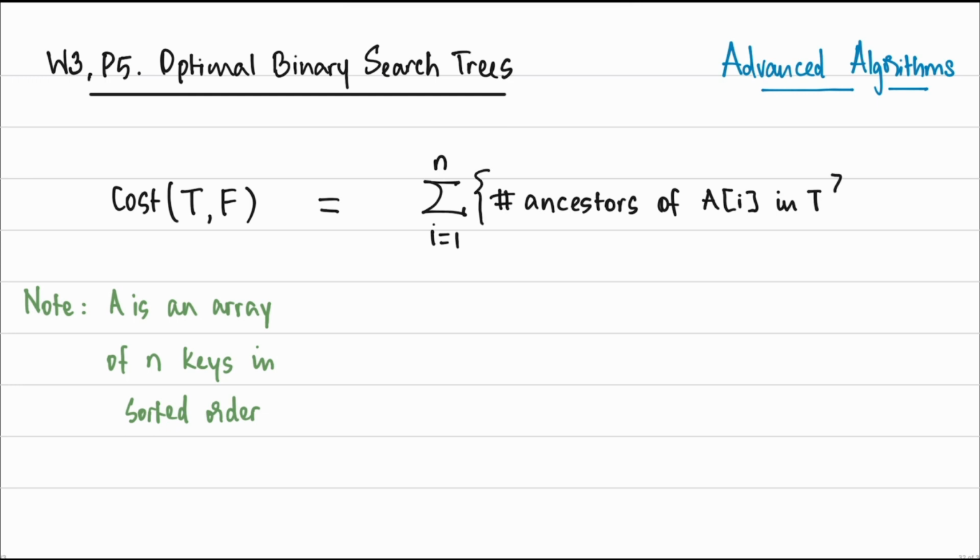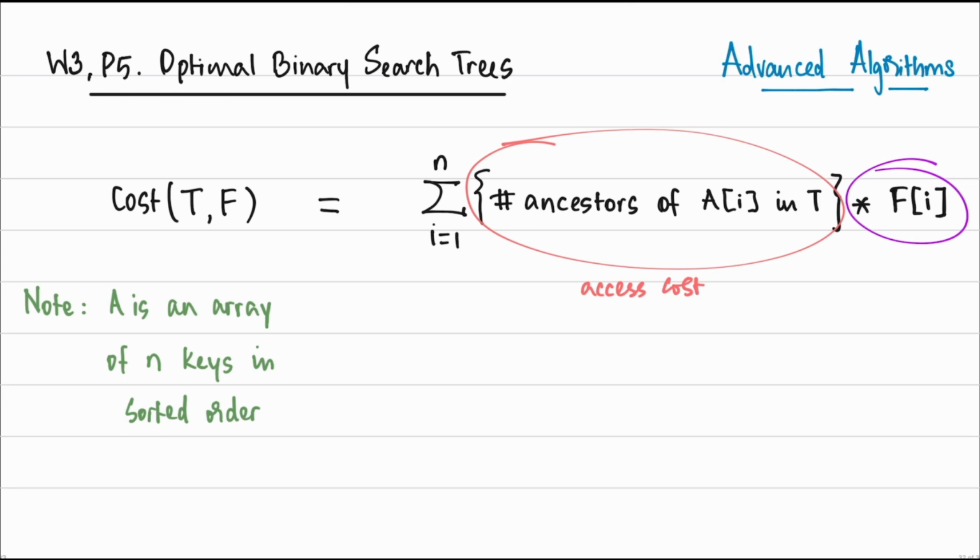And this is weighted by the frequency of access. So you can think of this as these two components. This would be the access cost, and this here is the frequency of access.